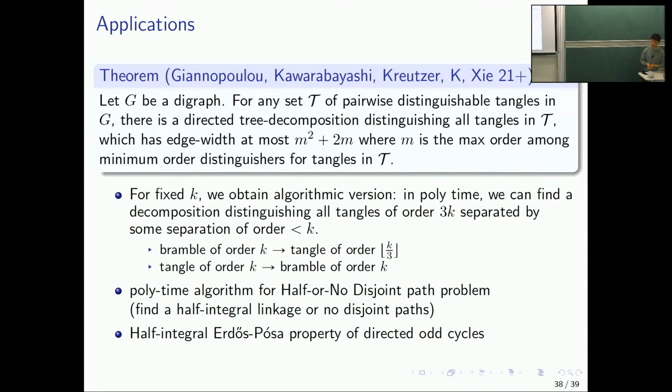Is there some duality theorem for the existence of directed tangles? You mean either there is a directed tree decomposition? Yeah, there is a dual, because the equivalence between directed treewidth and bramble was already proved, and then we proved the equivalence between bramble and tangle.